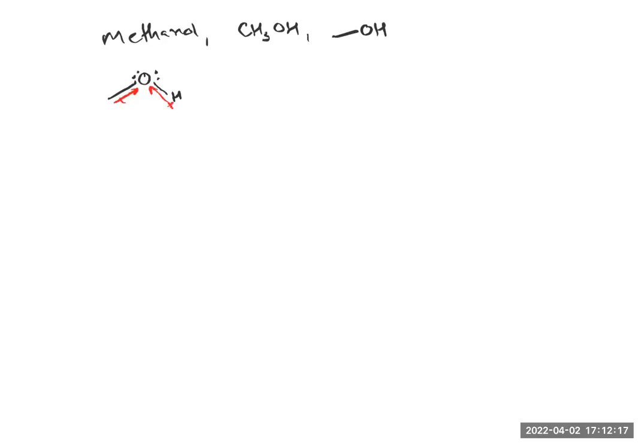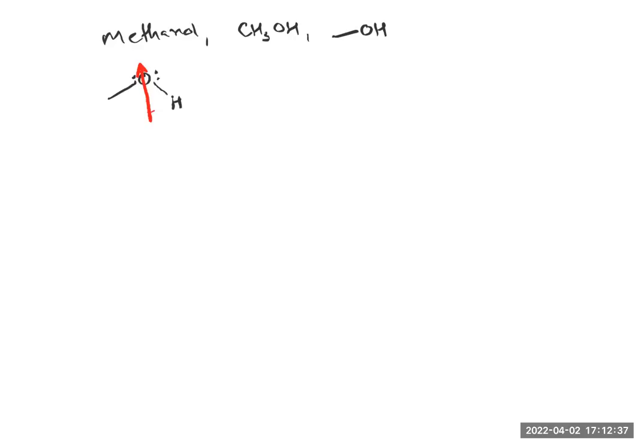As a result, there should be a net dipole moment going towards oxygen in this direction. Here's the net dipole moment of this molecule. So I can get rid of the bond dipole moments.